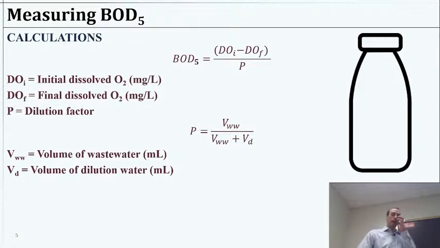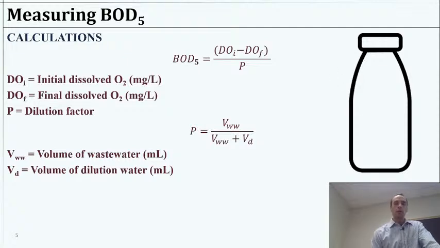So if we divide that, whatever our answer was, by the dilution factor, that means if 1/10 of our little bottle was wastewater, P would be 0.1. So if we then had our number of 5 milligrams per liter, we multiply that by 10, or we divide by 0.1, and we find, okay, now we have a case where we have 50 milligrams BOD per liter.